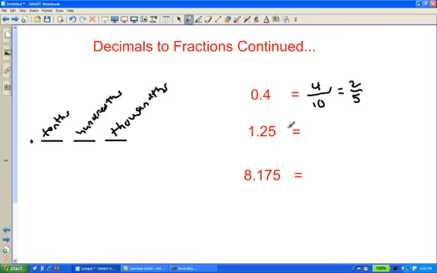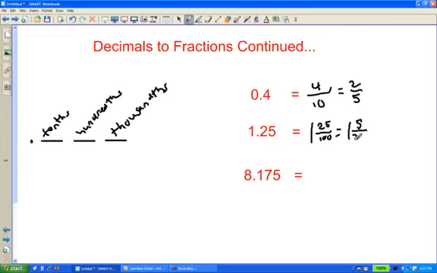I can do the same thing. I'm still going to bring that 1 over. This is going to be 1 and 25 100ths. Again, we can change that fraction though, right? Because both of these numbers end in a 5 or 0. That means they're both divisible by 5. So really I could put that equals 1 and 25 divided by 5 is 5. 100 divided by 5 is going to be, anybody know that one?